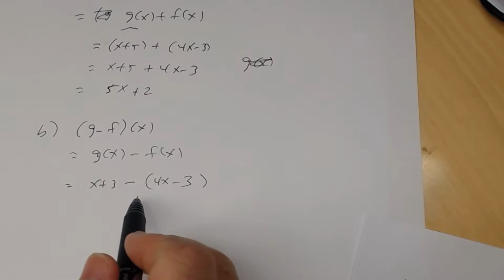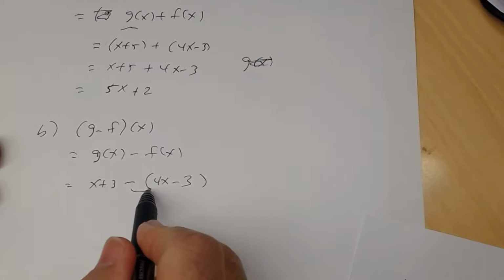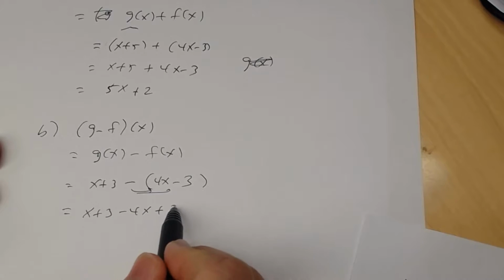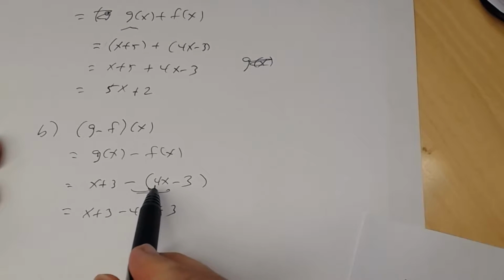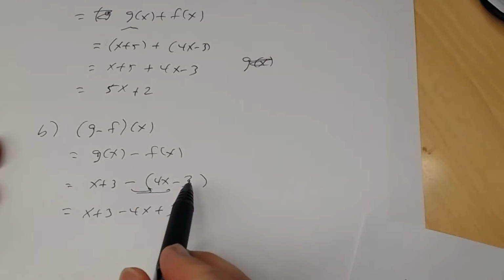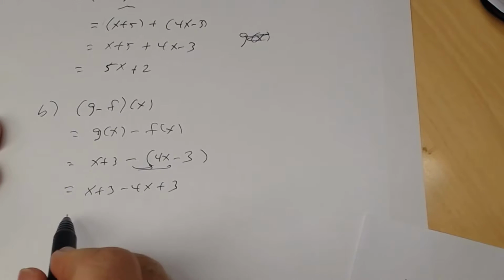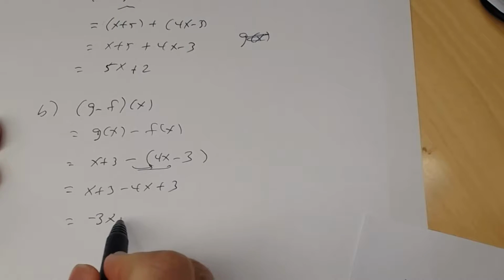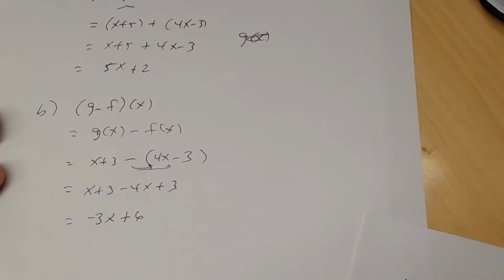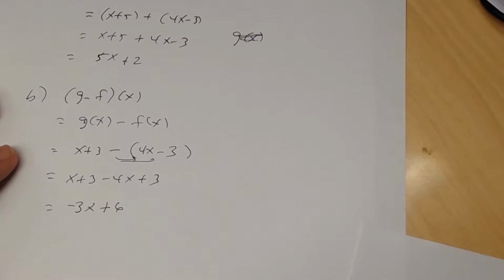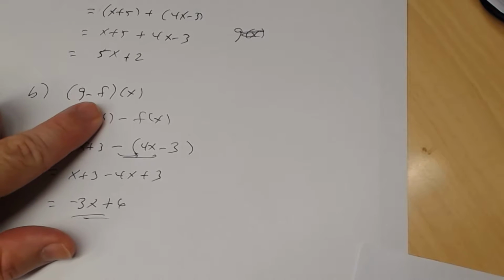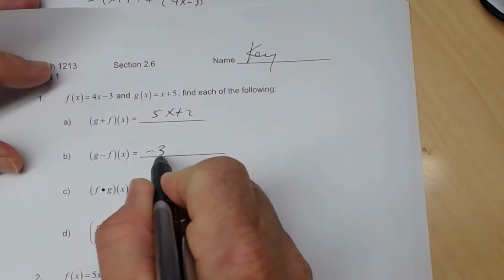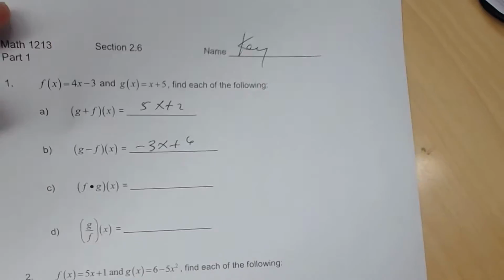Subtracting this polynomial means adding the opposite. So I get x plus 3 minus 4x plus 3. Negative 1 times 4x is negative 4x. Negative 1 times a negative 3 is a positive 3. Combining like terms, x minus 4x is a negative 3x, and 3 plus 3 is a positive 6. So for b, g minus f at x is going to equal negative 3x plus 6.